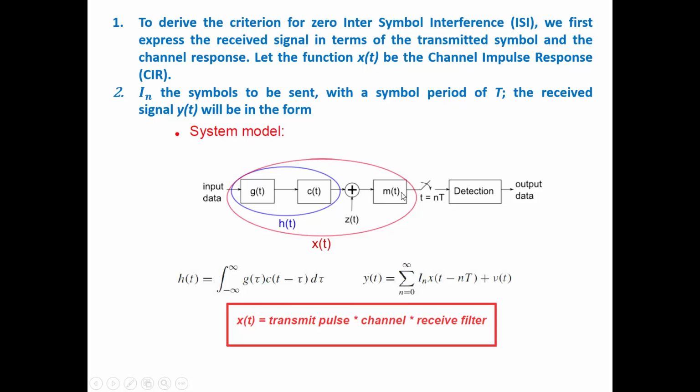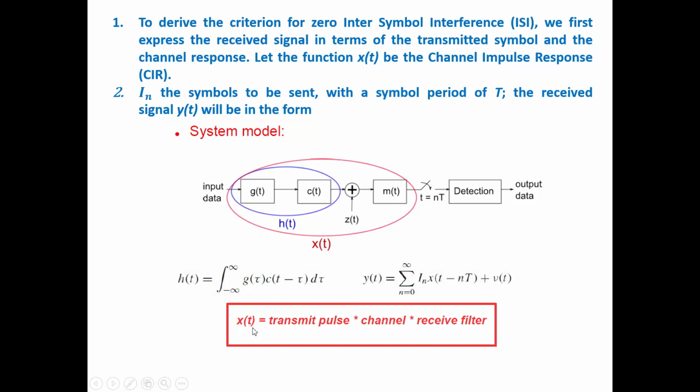Now m(t) is the receiver filter, which can be a matched filter, because the matched filter is an optimum filter which will maximize the signal to noise ratio. At this point, what we will get is x(t). What is x(t)? We will represent what x(t) is.